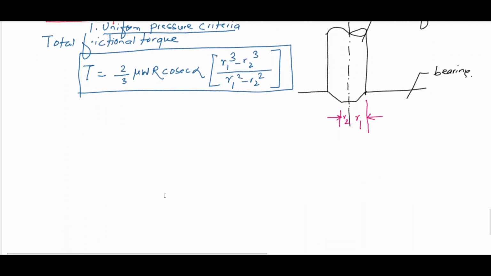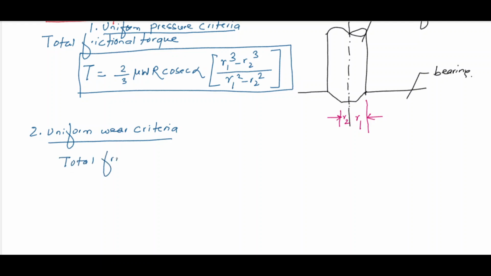Now considering the uniform wear criteria, your total frictional torque T will be half mu W R, or instead of effective R you can take R1 plus R2 cosec alpha.